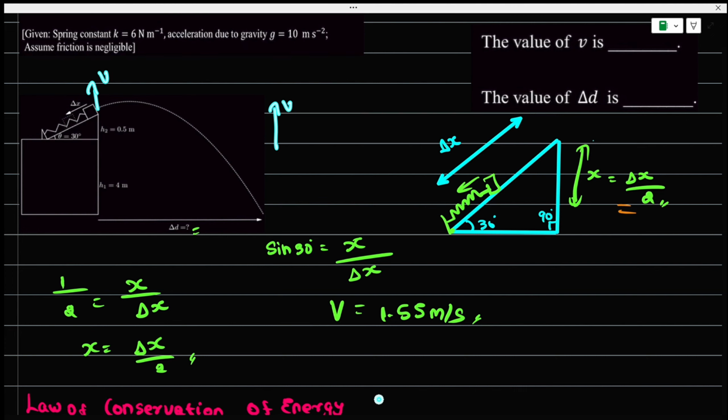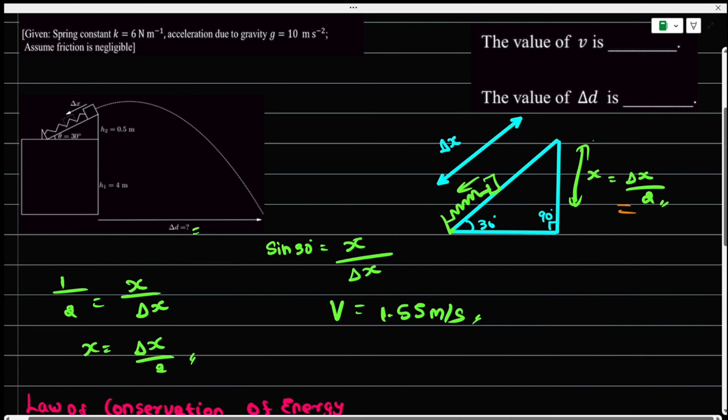This is v sine 30 degree and this is v cos 30 degree. To find this distance we need this velocity, but to find the time of flight we need this vertical component of velocity, because the velocity vector is pointing this way. Now the gravity is acting down, so the time period depends on both this v sine 30 degree, which is the vertical component, and the value of gravity.